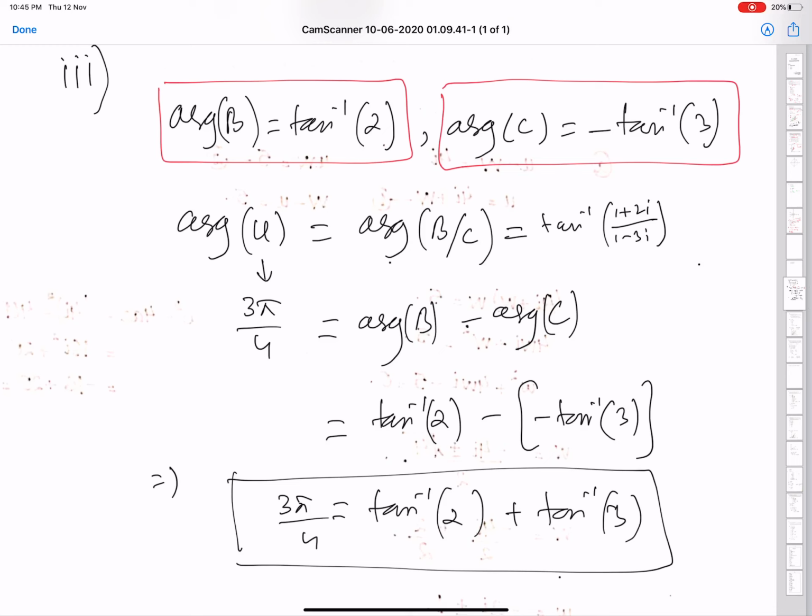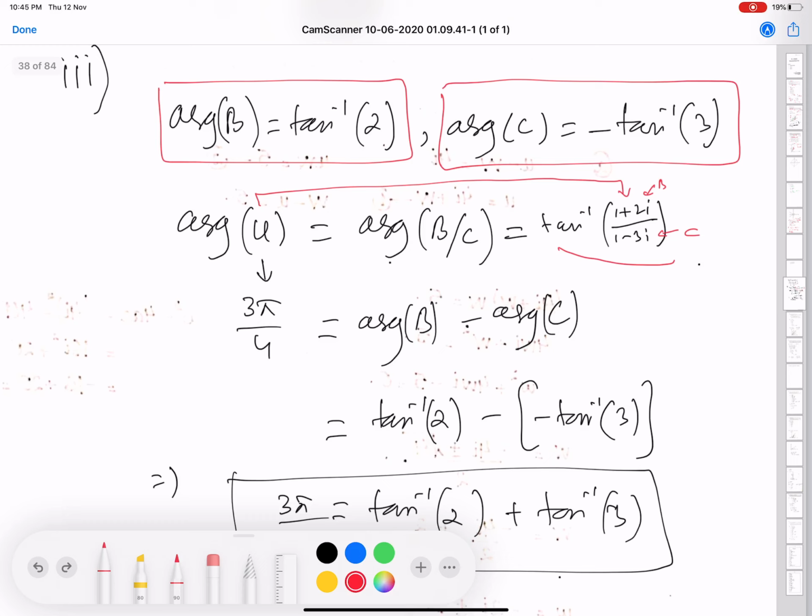And you know, argument U is equal to argument of B upon C. Why? Because U is 1 plus 2i upon 1 minus 3i. Because of this thing, this was U, and this is basically B, and this is C. So argument U is equal to this, and this is equal to argument B upon C. Let me repeat this.